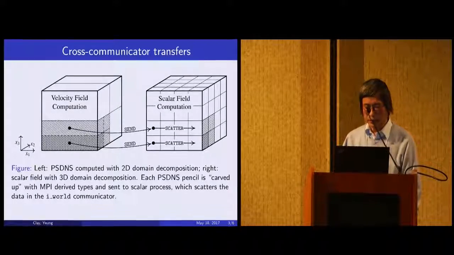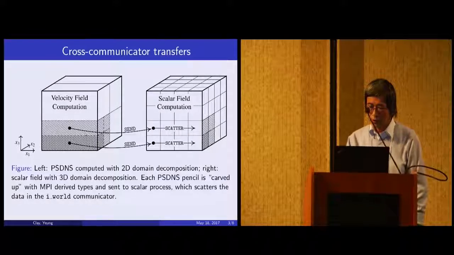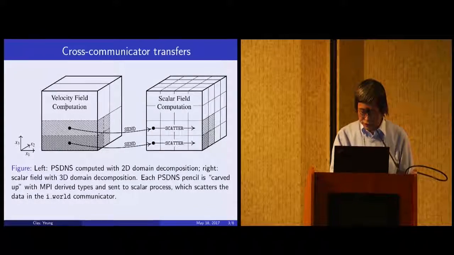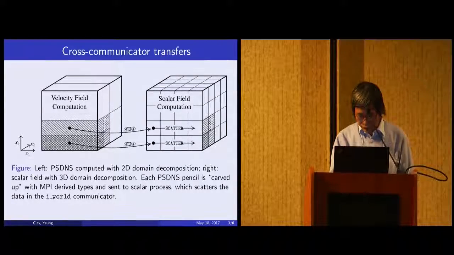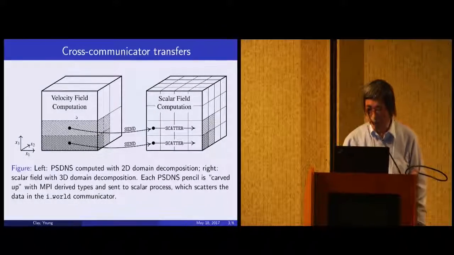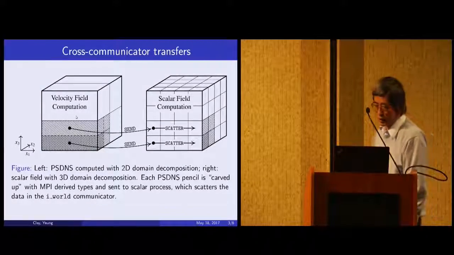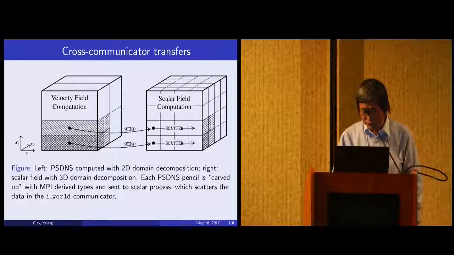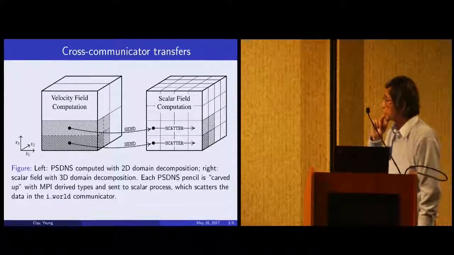And there are a little bit of non-trivial challenges here. You might observe that for the velocity field, this subdomain is divided along what we will call the x2 and x3 directions, but not in x1. In contrast, the scalar field is under a three-dimensional domain decomposition. And why do we do that?